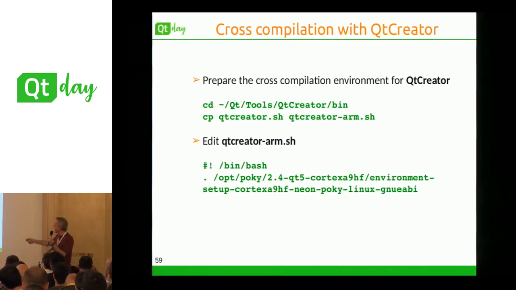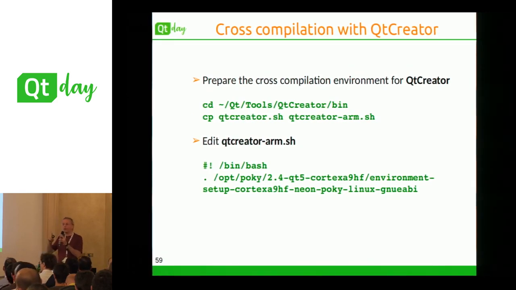From now on, you can call Qt Creator using this command instead of the other one. So you can have two icons on your desktop: you can start Qt Creator for x86 or for cross-compiling.